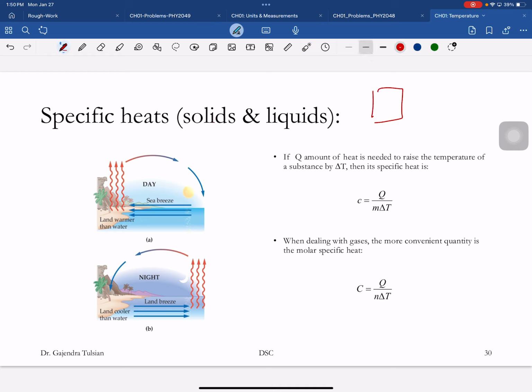So let's say here is a solid, you add heat to it. There's the mass, there's the specific heat, there's the rise in temperature. What we are saying is the following.